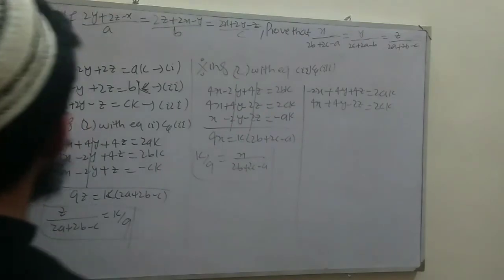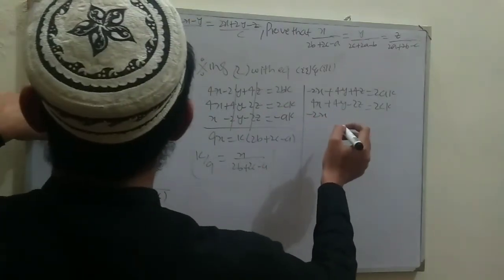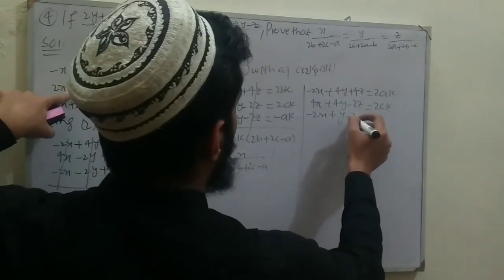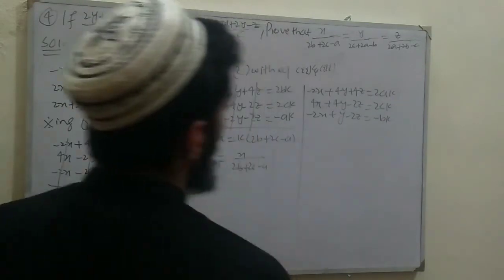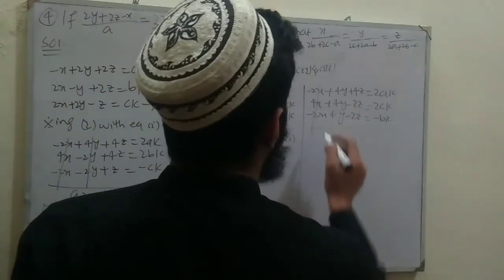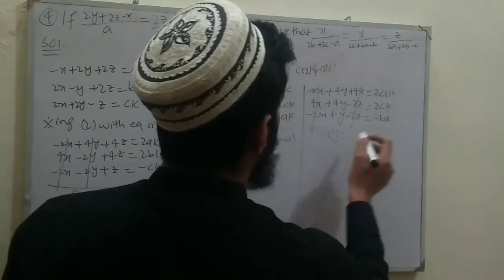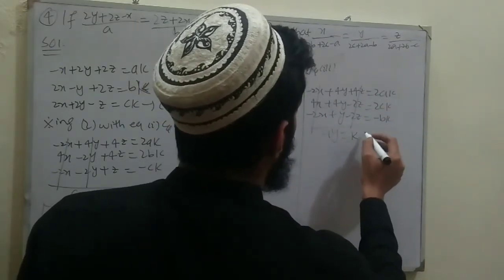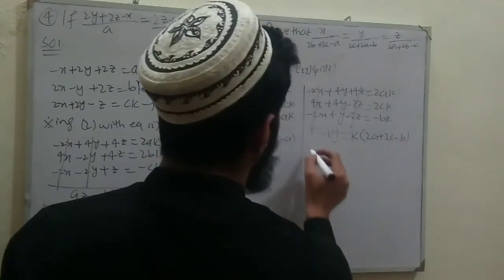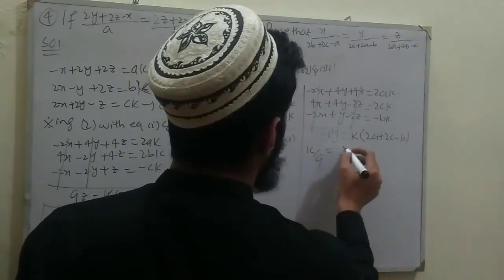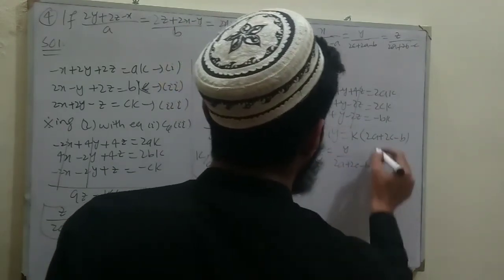Now equation 2 is left, so multiplying minus with this equation, it becomes minus 2x plus y minus 2z is equal to minus bk. So now adding these equations, it will cancel out and it becomes 9y is equal to, take out k common here, inside we are left with 2a plus 2c minus b. Rearranging it gives us k over 9 is equal to y divided by 2a plus 2c minus b.